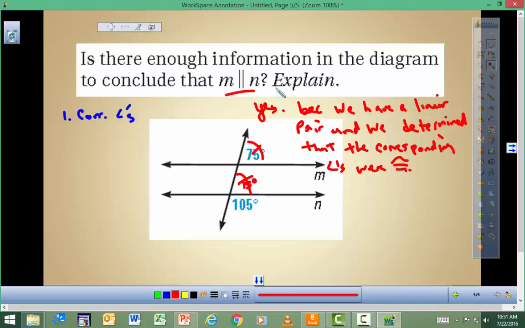Okay, so that's the explanation part. Anytime you see this on your assignment, you need to do something like this. You have to write out a sentence. You have to justify your answer. Make sure you don't leave that part blank, because otherwise you're going to lose about half credit.